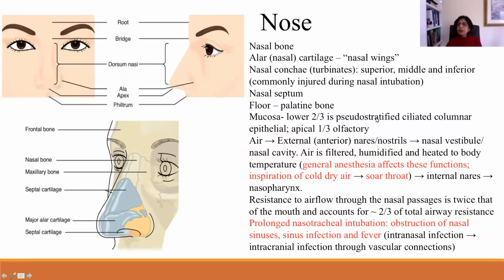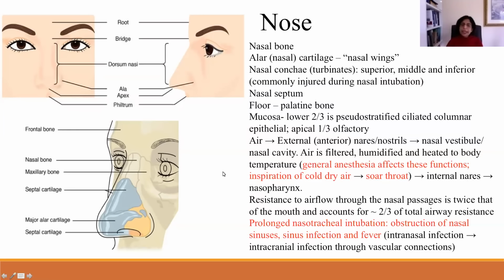First, you're looking at pseudostratified ciliated columnar epithelial cells. The apical portion is where you talk about olfactory epithelium, okay? That is where you have those bipolar neurons serving as olfactory receptors.